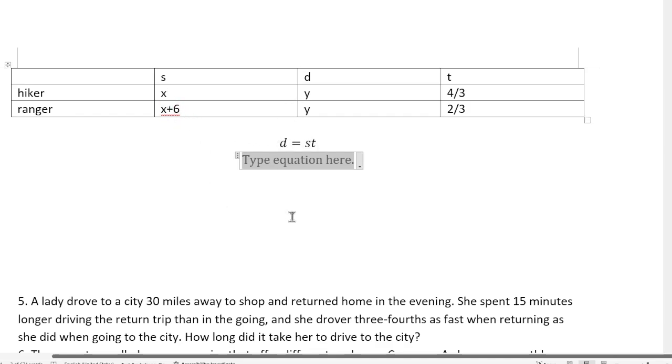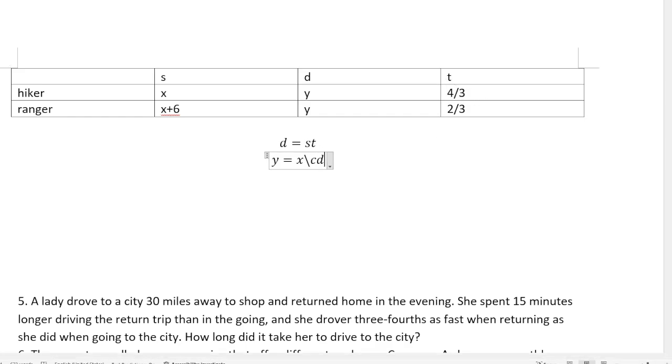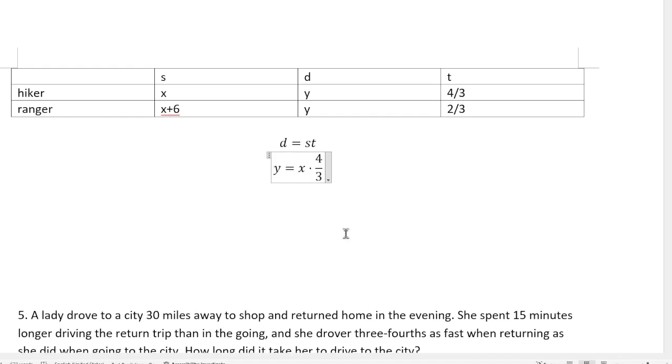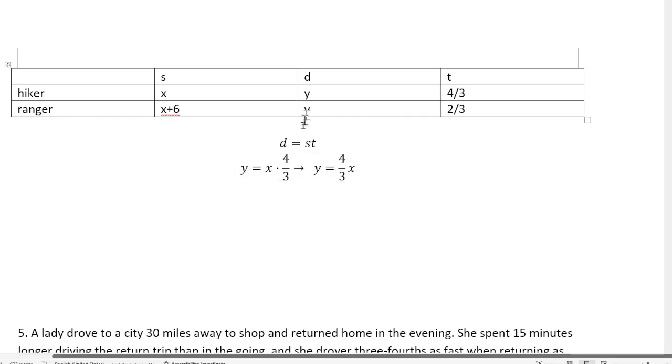For the hiker, distance is y, speed is x, and time is 4 over 3. And usually we write numbers in front of x, so let's write down y equals 4 over 3 x. Okay, so that's what you get from the first one.